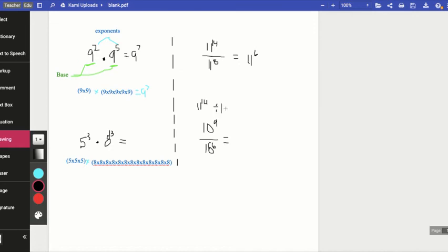We can change that to look like this. 11 to the 14th power goes up top, and 11 to the 8th power goes in the denominator. Okay? So I'm going to circle that because that is important to know. Sometimes you might see the division set up like this, and that is okay.